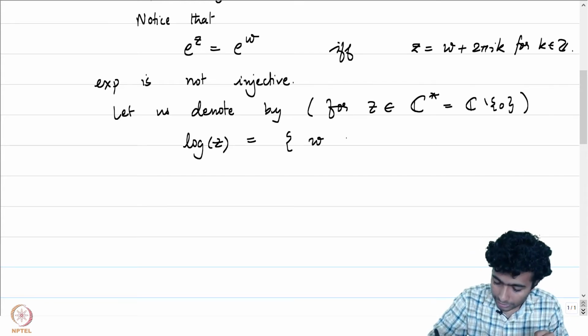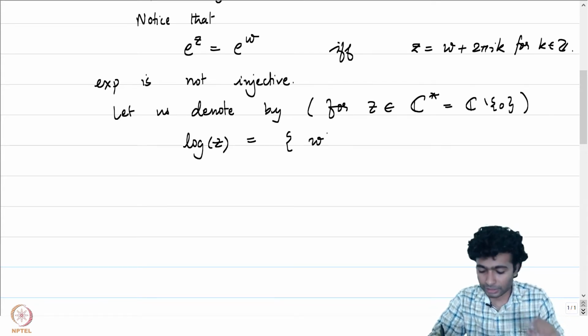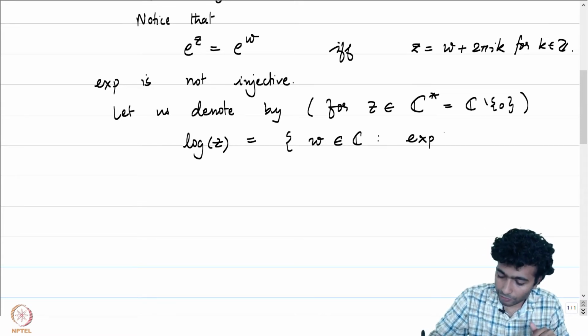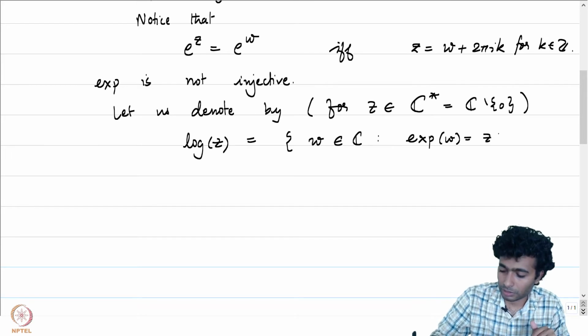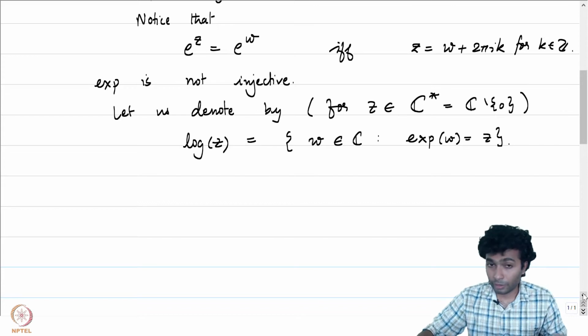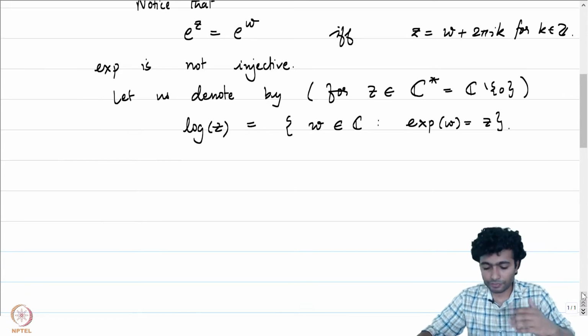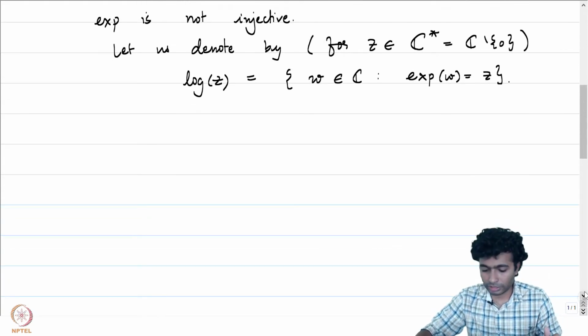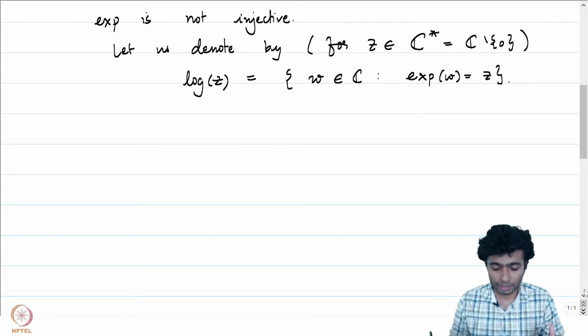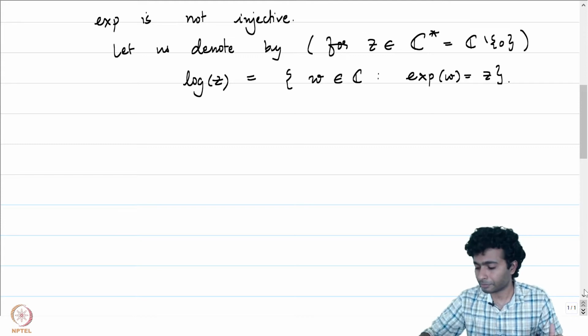Let log of z be the set of w in C such that exp of w is equal to z. So, this is actually a set. We are not defining a function here. In fact, if at all we want to talk about log z right now, that's going to be multi-valued, which is not a function in the sense that we are using the word function.